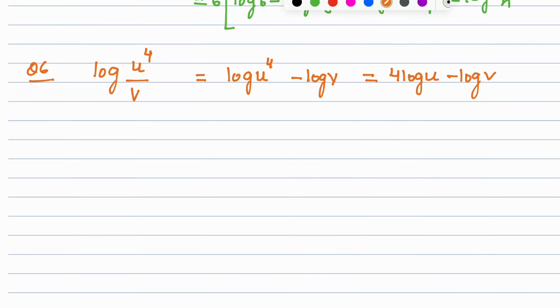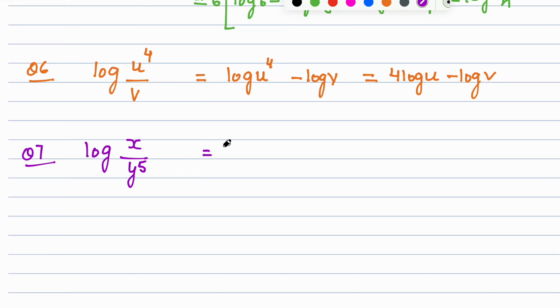Now in the next question, question number 7, I will give the power to the denominator, not to the numerator. If the power is only with either the numerator or the denominator, first we apply this property.